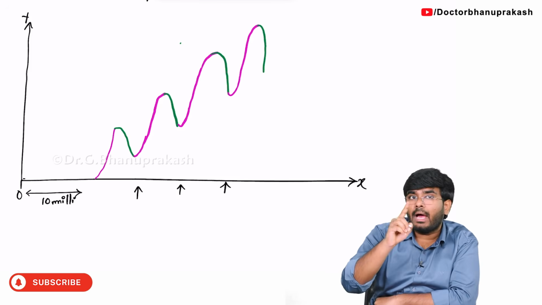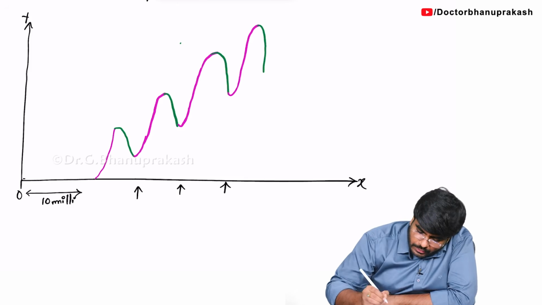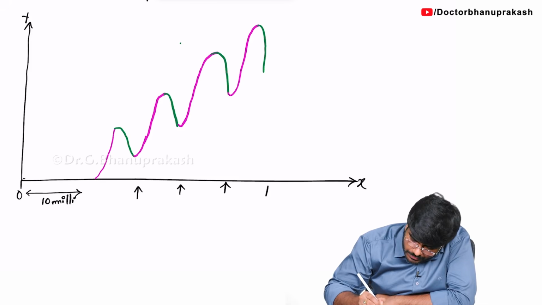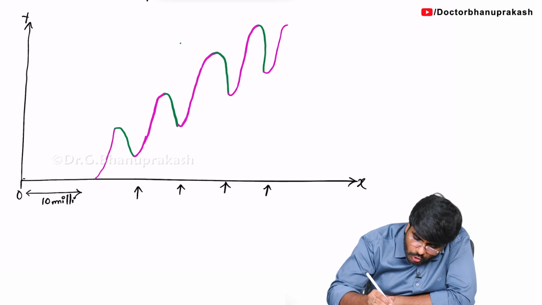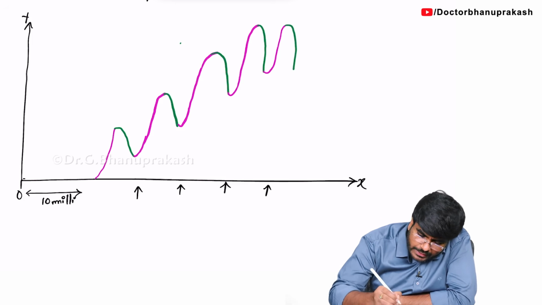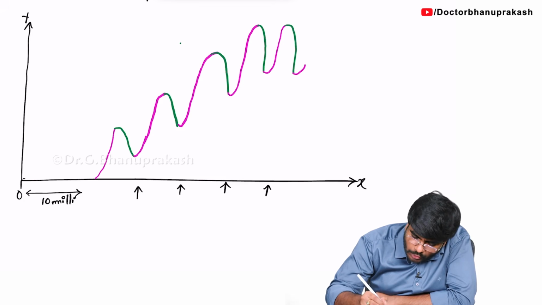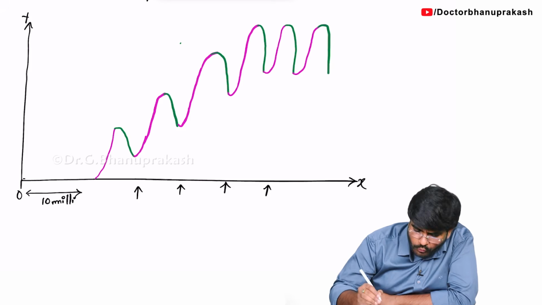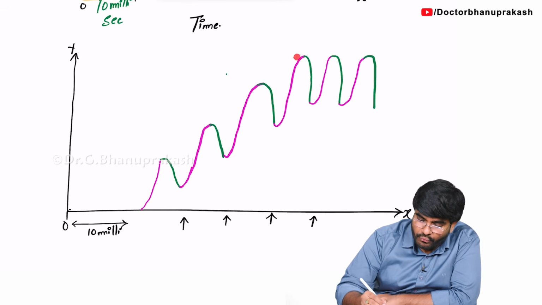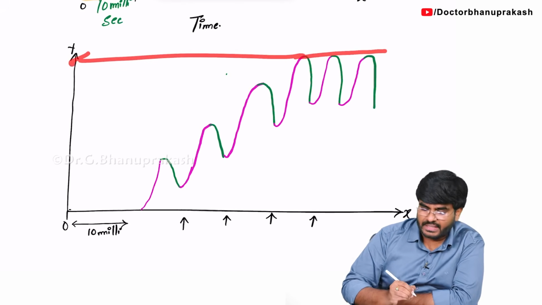Now look carefully, after the fourth time you stimulate it again, look what is going to happen. The force generated is going to be constant. There is going to be no further increment in the force that is generated.